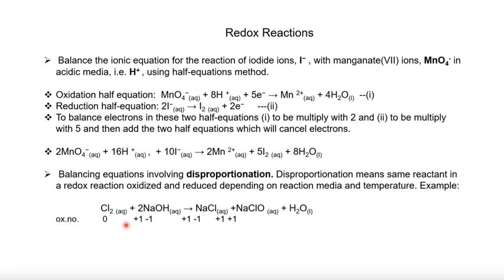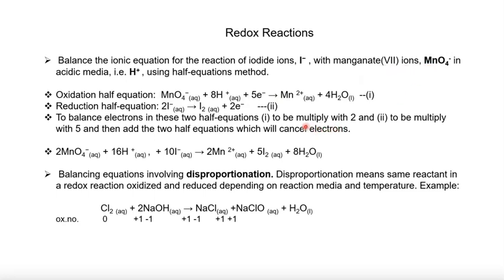So the manganate ion is an oxidizing agent. So if we convert this one, it will be a half equation. The manganate ion in acidic media gains 5 electrons, forming manganese 2 ion and water molecules. This is the half equation for this reaction.